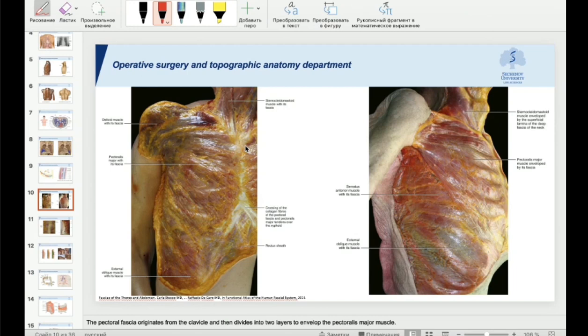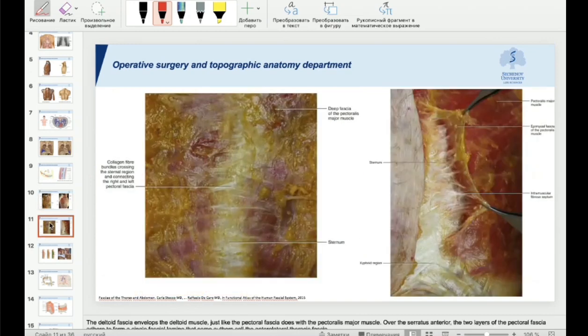Which muscle is more superficial and which muscle is deeper? Deeper is the intercostal muscle. No, we have two muscles, pectoral major and pectoral minor. So which pectoral muscle is more superficial, major or minor? Minor. Okay, the inflammatory process is located under the pectoral minor muscle.